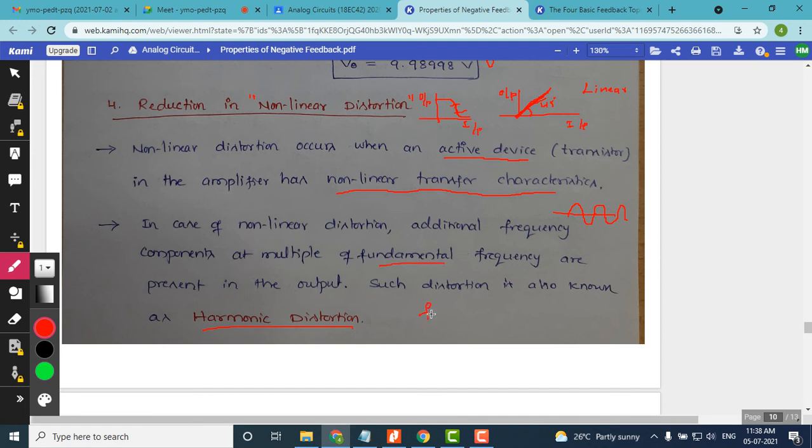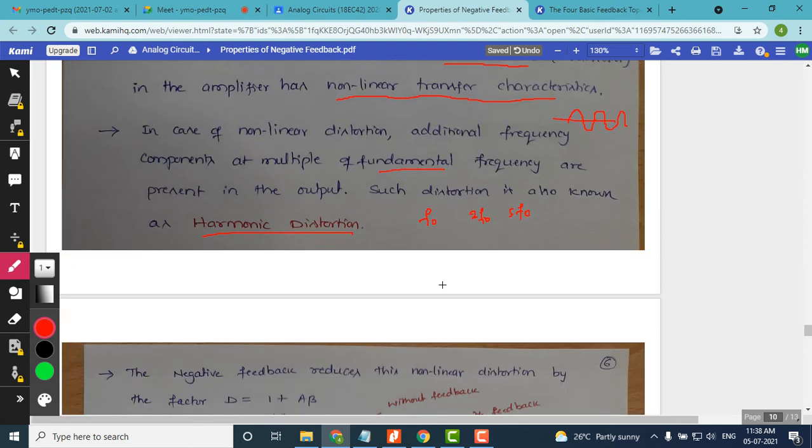If the fundamental frequency is f naught, the distortions may have frequencies like 2 times f naught, 5 times f naught. They are multiples of this fundamental frequency, and such distortions have to be eliminated, otherwise they create a lot of problems and consume power in communication devices as well.